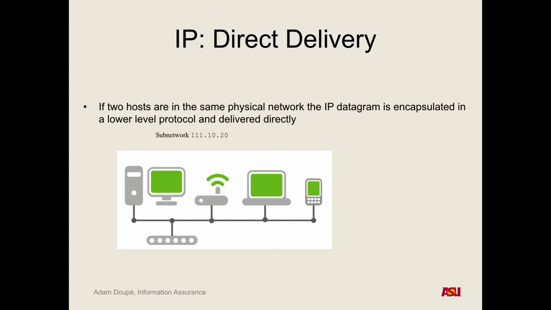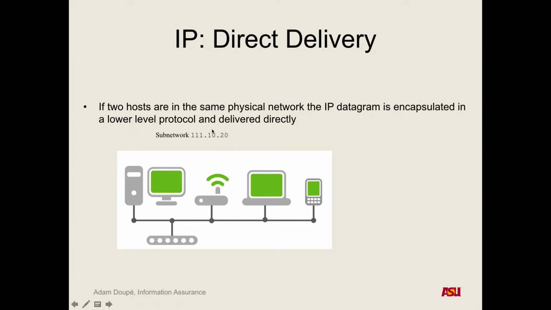So you're host A, you have a certain IP address, and you want to talk to host B. How do you know if host B is on your local network or not? You check the network ID. How do you check the network ID? How do you know what the network ID is? By the subnet mask. Yes, boom.